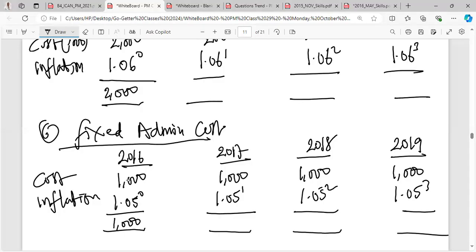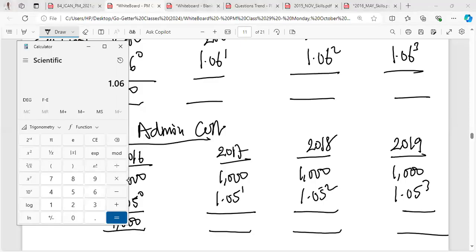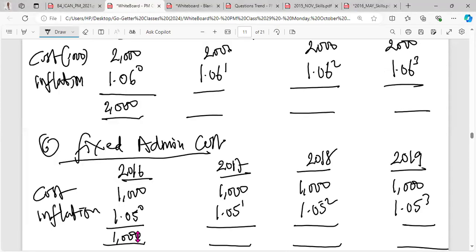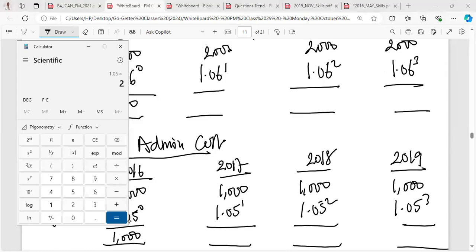Now this is 1.06 multiplied by 2000. That will give me 2120.